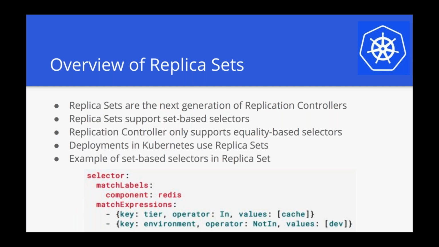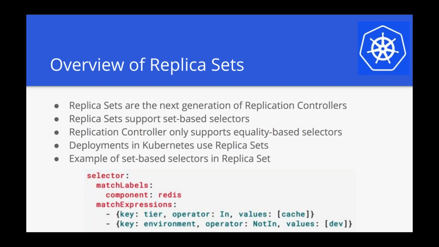Here on the slide, you'll see that when we are creating a replica set, we're saying the component is Redis, and the tier has to be in cache, but it should not be in the dev environment. This is much more sophisticated and complex.